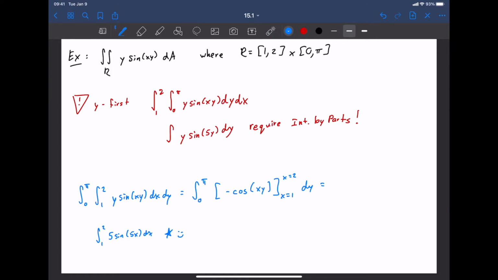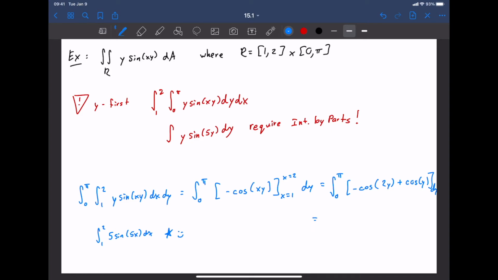Plug in the 2 for x, plug in the y. We would get negative cosine 2y, plug in the 1 for x, minus a negative is a plus, cosine y dy.